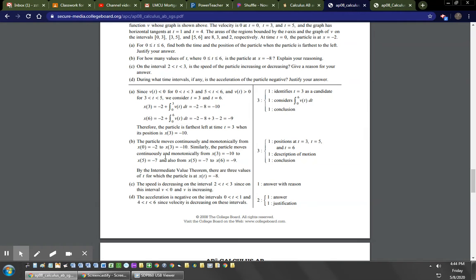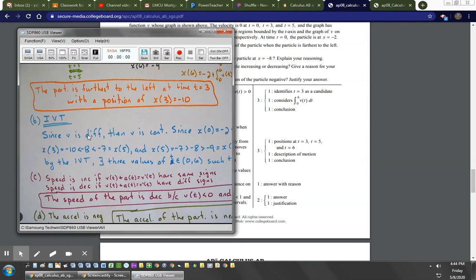And then our conclusion, that's our IVT. See, they use the IVT there, and we definitely did the same thing. So that part, I think we'd at least get 2. I don't know about the description of motion. I wonder if just us saying that velocity is differentiable and then velocity is continuous, that we'd be good to go. And then identifying all those values.